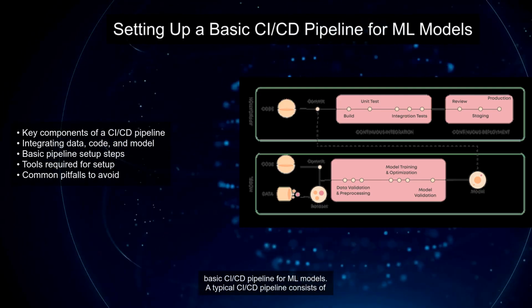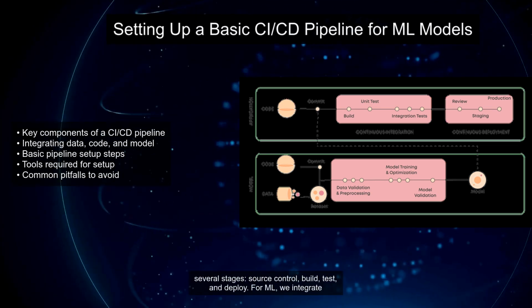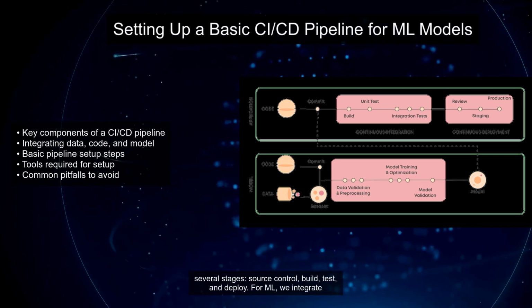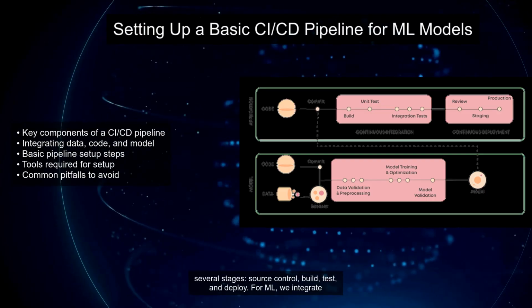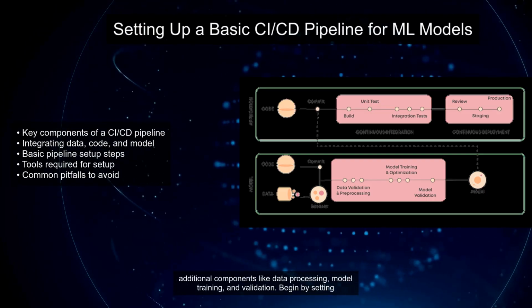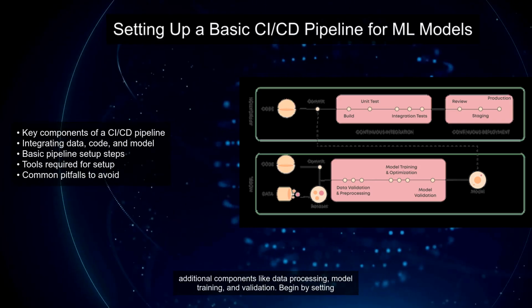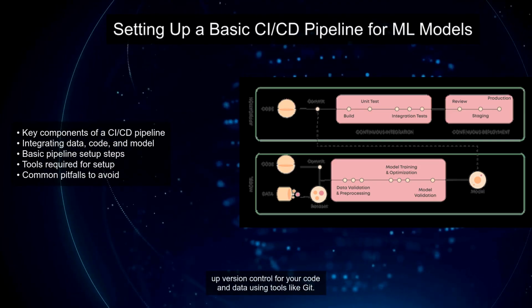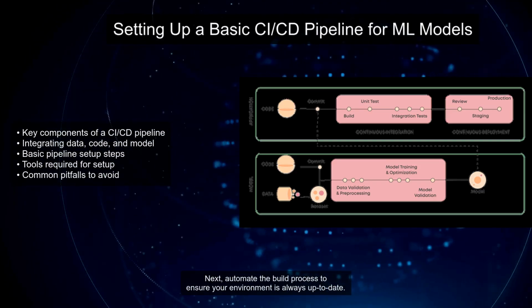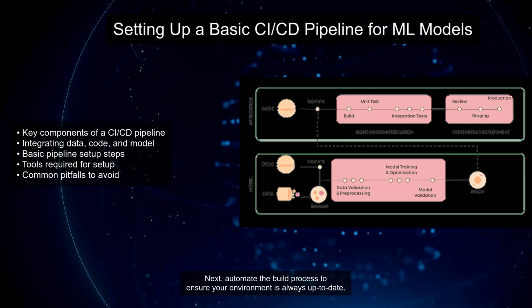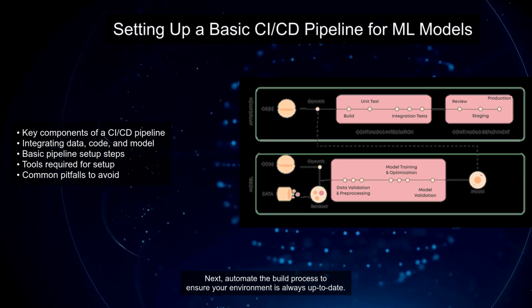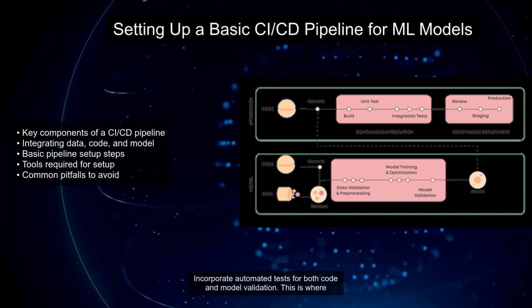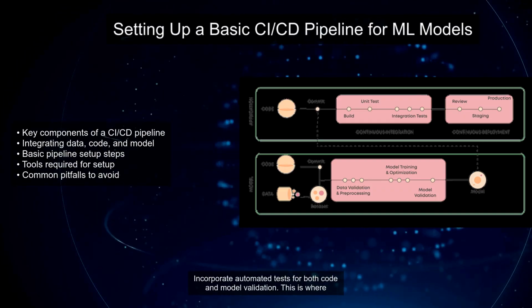A typical CI/CD pipeline consists of several stages: source control, build, test, and deploy. For ML, we integrate additional components like data processing, model training, and validation. Begin by setting up version control for your code and data using tools like Git. Next, automate the build process to ensure your environment is always up to date. Incorporate automated tests for both code and model validation.